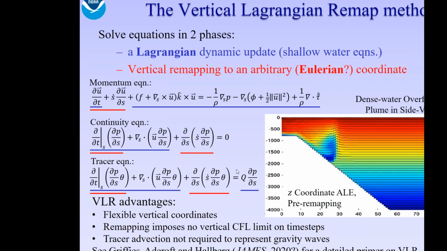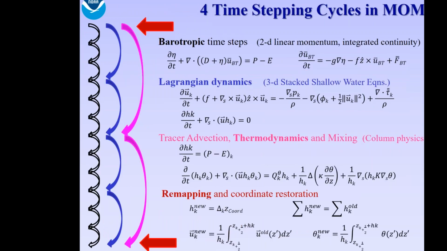Now, the tracer equations are interesting because although these tracer equations are also being split up, they're being split up in such a way that you don't actually need to advect tracers in order to get gravity waves. The vertical motion associated with the gravity waves comes from the vertical motion of the layers. And so you don't necessarily need to step the tracers with the same frequency with which you step the rest of the system.